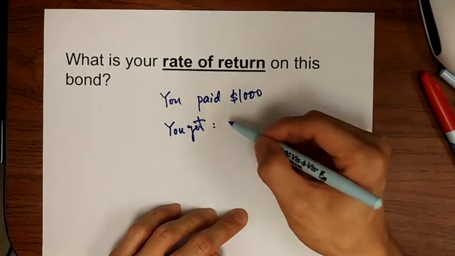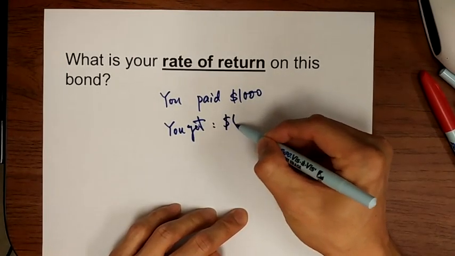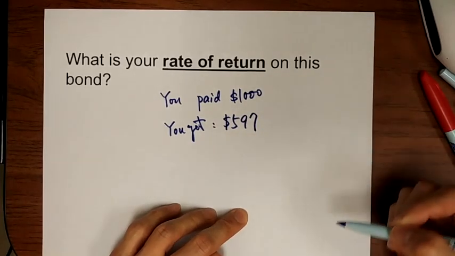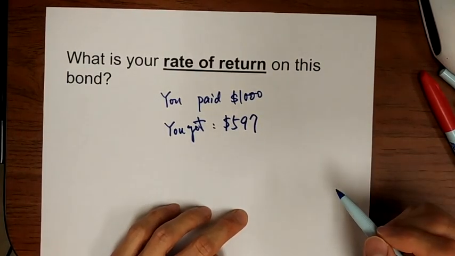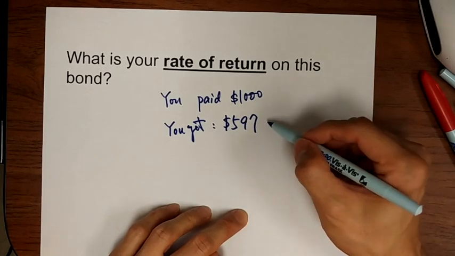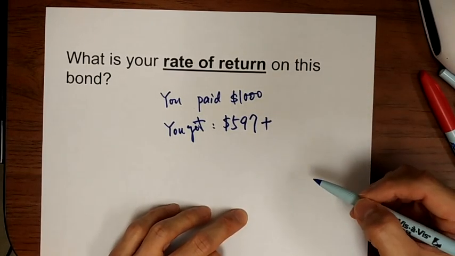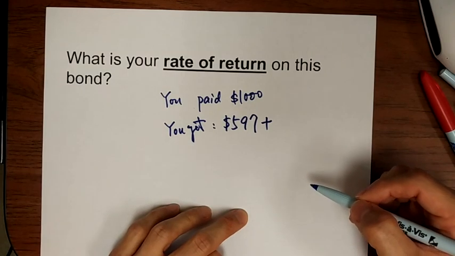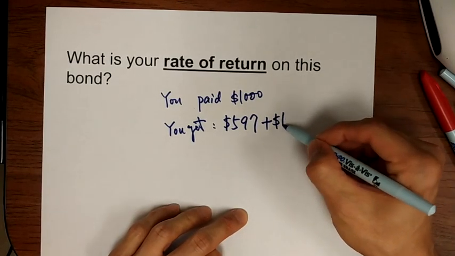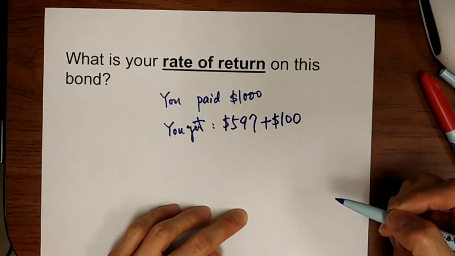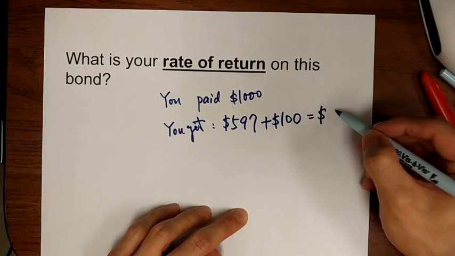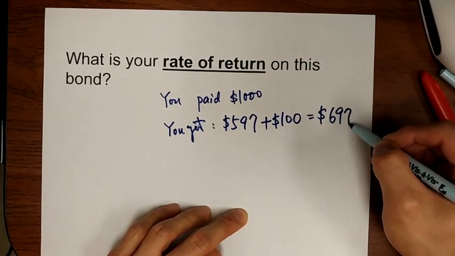The answer is you sell it for $597, but don't forget that you get the first coupon payment because you hold the bond for 1 year. So you get a $100 coupon payment. So you get a total of $697.